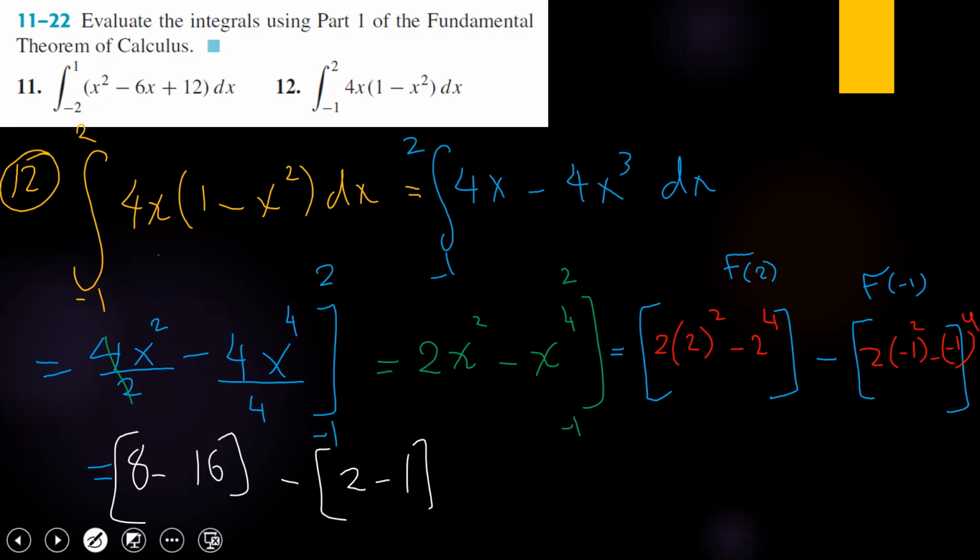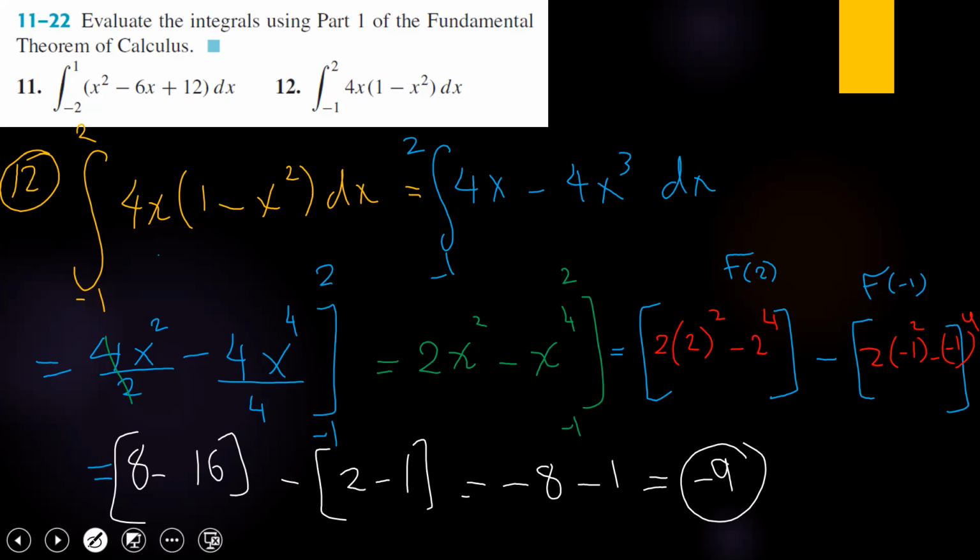So it is 1 like this. Now 8 minus 16 is negative 8. Negative 8 minus 1 is negative 9. So the final answer here is negative 9. Is it clear? Yes, teacher.